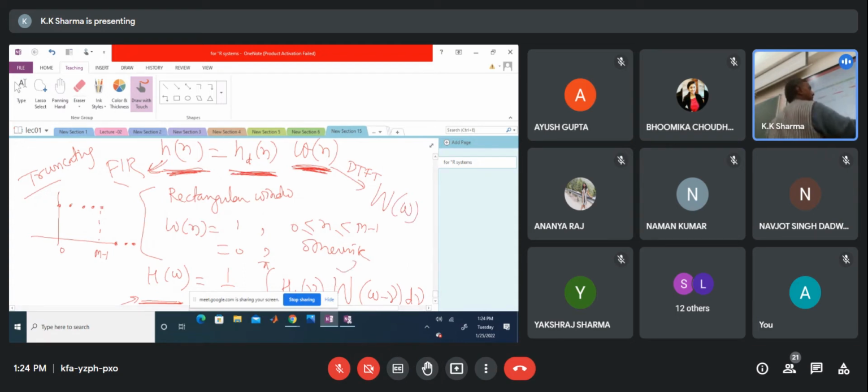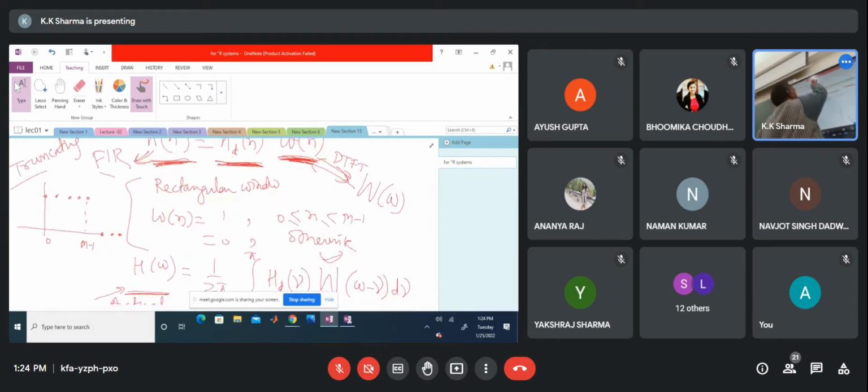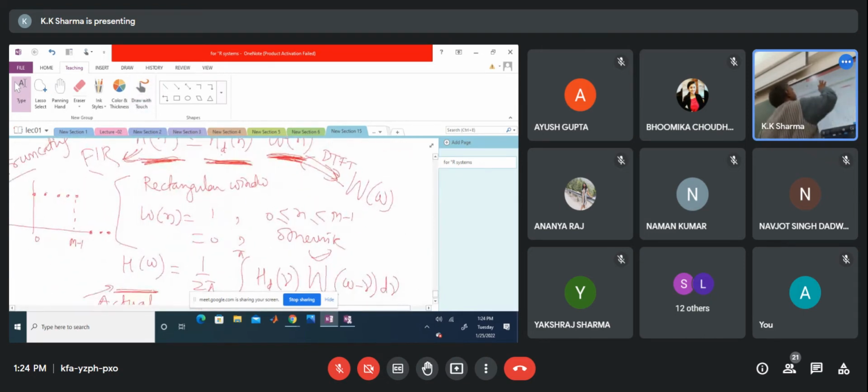In this equation, capital W(omega) is the Fourier transform of the window, and capital H_d(omega) is the Fourier transform of h_d(n). Is that clear? It's not a great result, you must be knowing: if you multiply any two signals in the time domain, this will lead to convolution in the frequency domain.